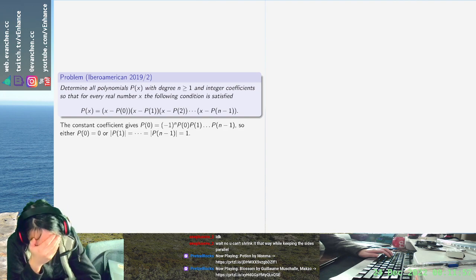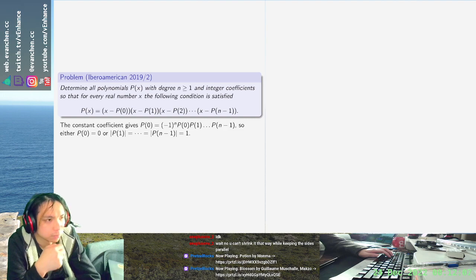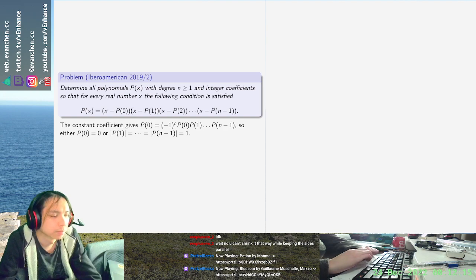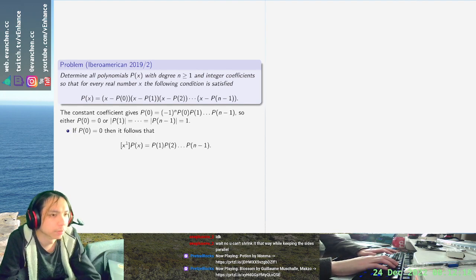What the heck? Wait, what was I trying to do? The x to the first coefficient of p of x will be equal to p1, p2, pn minus 1 with some sign.